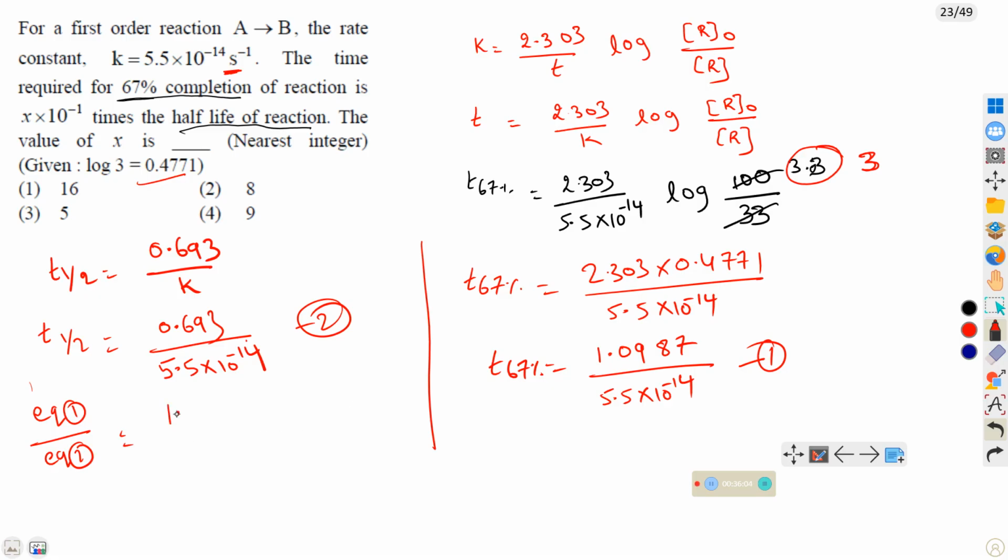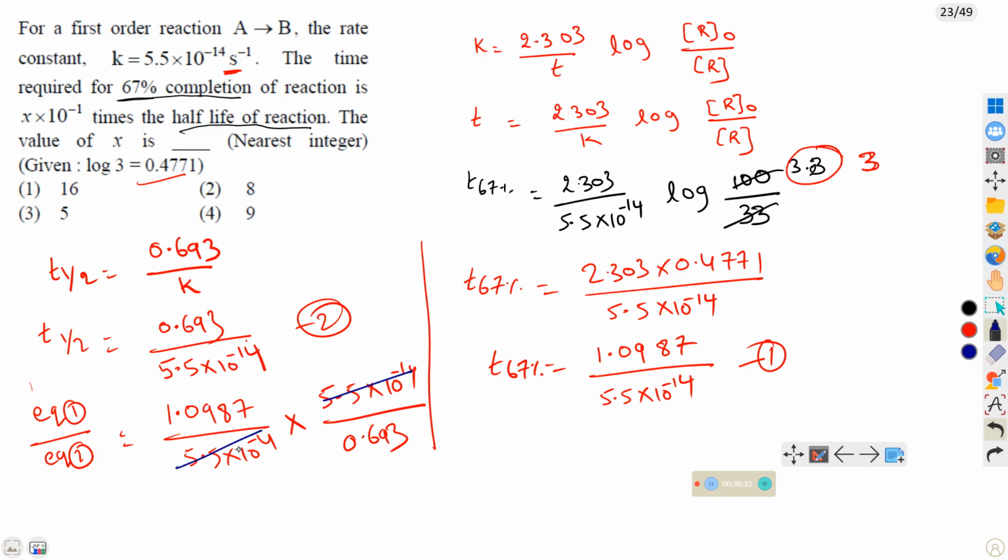Then 1.0987 by 5.5 into 10 power minus 14, into 5.5 into 10 power minus 14 by 0.693. These get cancelled. 1.0987 by 0.693. Simplify.